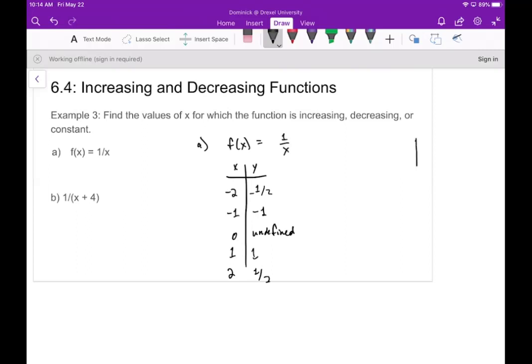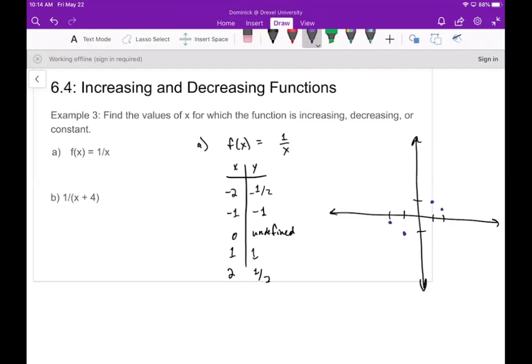So if we plot what we have, let's see what we have. Now, if we plug in -2, we get a -1/2. So that's something like this. At -1, we have -1, so that's here. At 1, we have +1, and at 2, we have 1/2. Right?